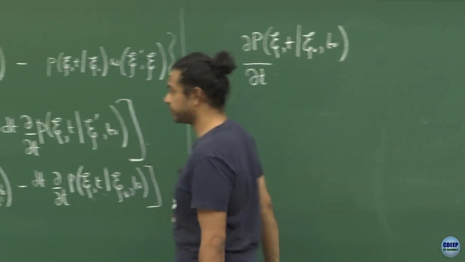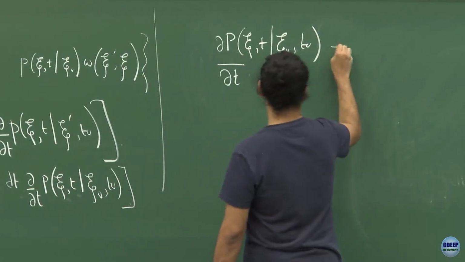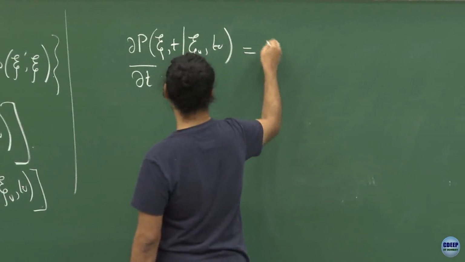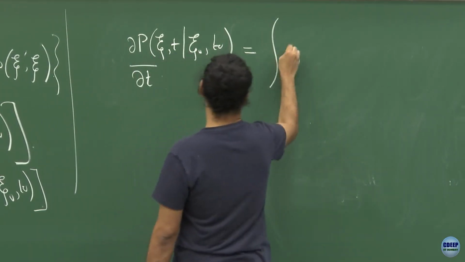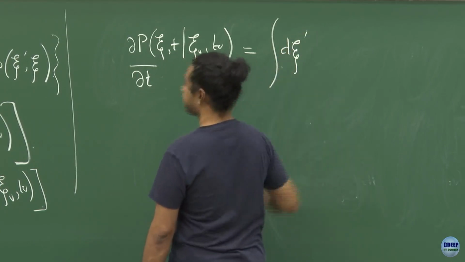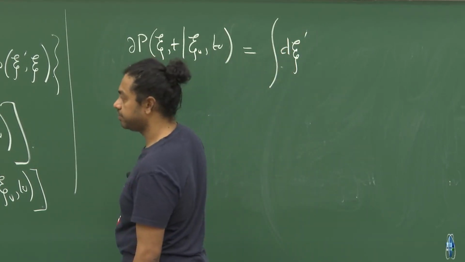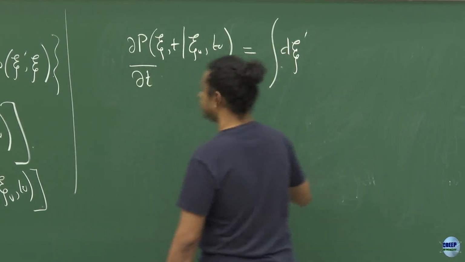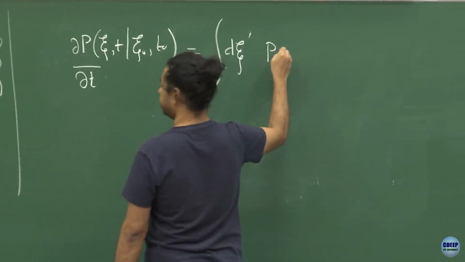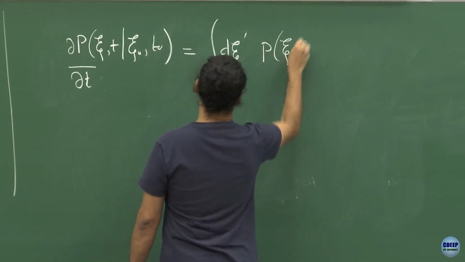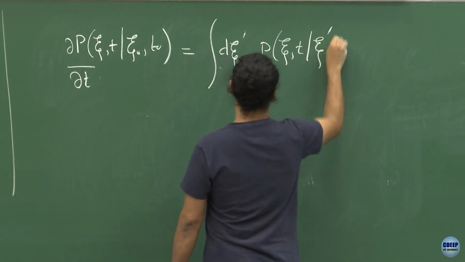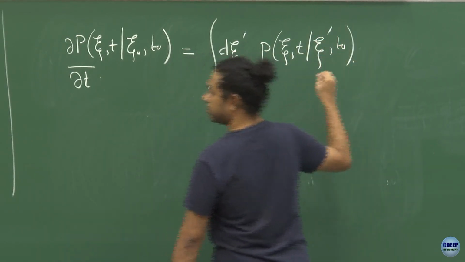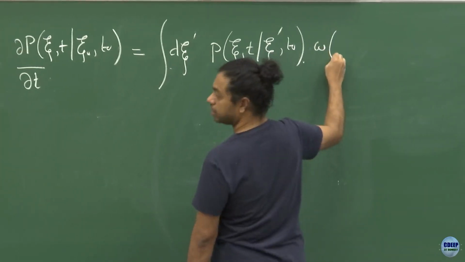I have taken it on the other side, and then the other terms that I have left are the integral d psi prime, p of psi t given psi prime t naught, omega psi prime psi naught.